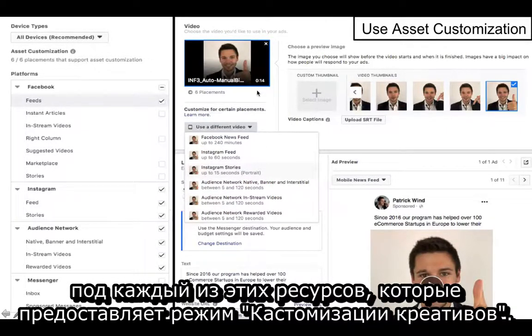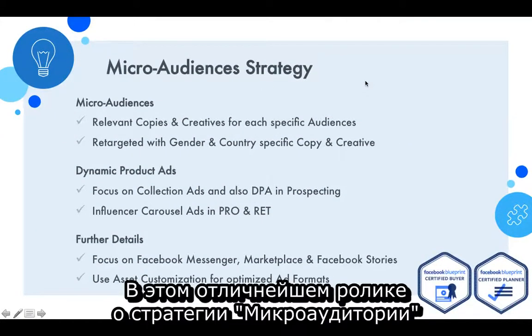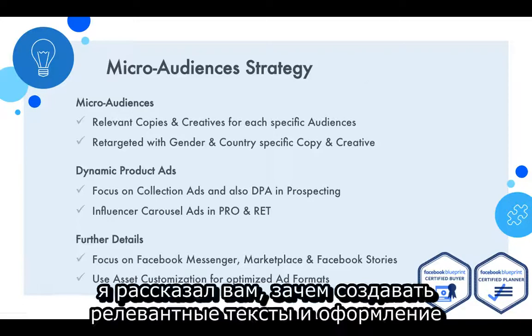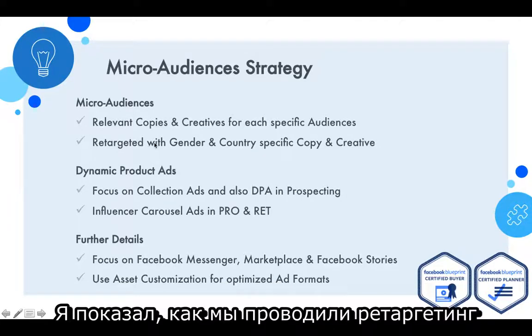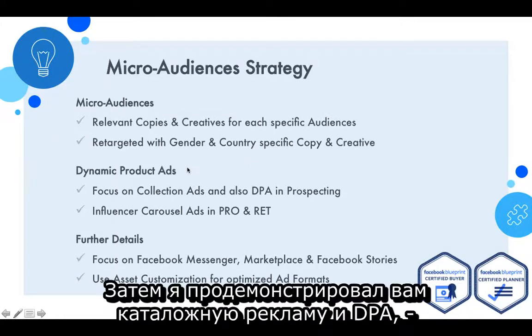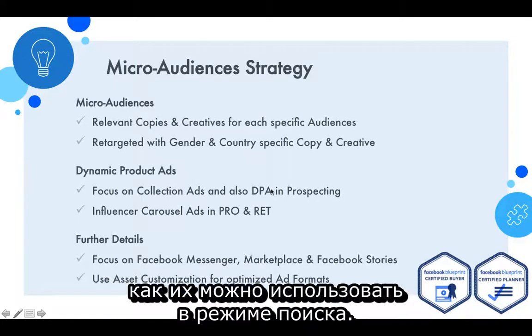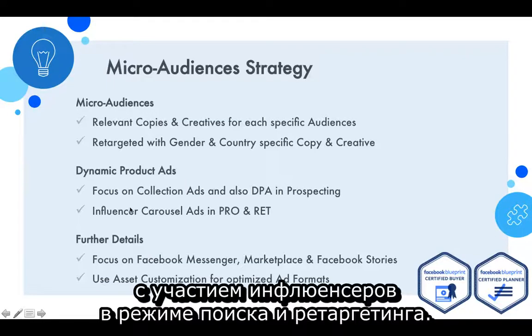So guys, in this pretty cool video about micro audiences strategy, I've presented you why it makes a lot of sense to create relevant copies and creatives for each specific audience. I've shown you how we retargeted them also with gender and country specific copies and creatives. Then I've walked you through collection ads and DPAs, how you can also create them in prospecting, and why it's a good idea to come up with influencer carousel ads in prospecting and retargeting.